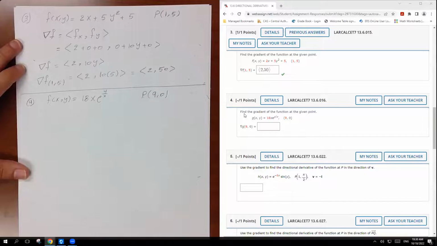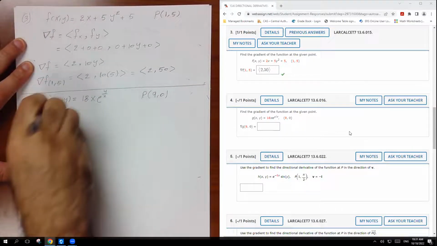So example 4, find the gradient of the function at the point 9, 0. We don't have to call it P. And here is our function, which is 18x e to the y over x, and here is the point. It's g of x, not f of x.